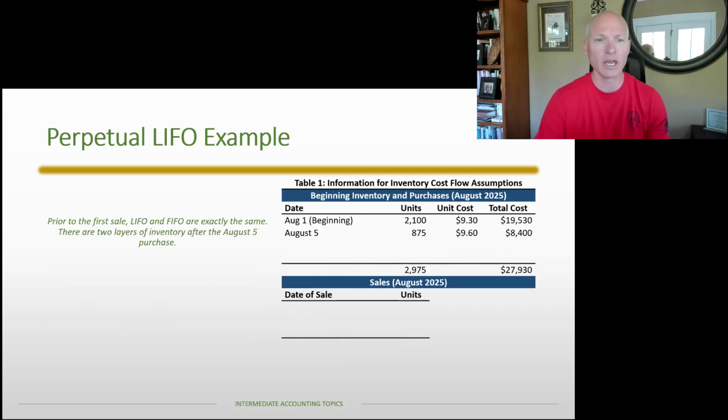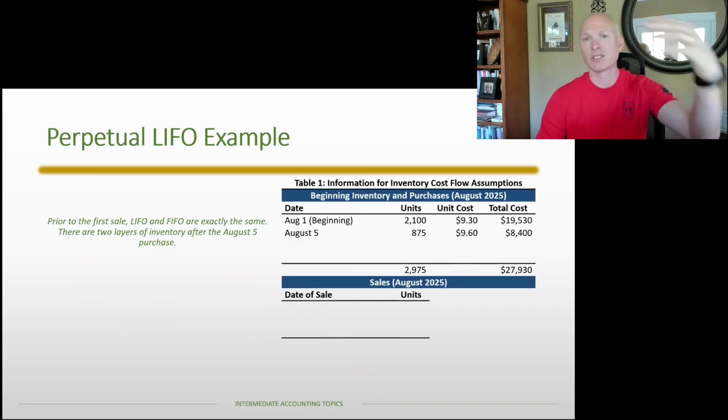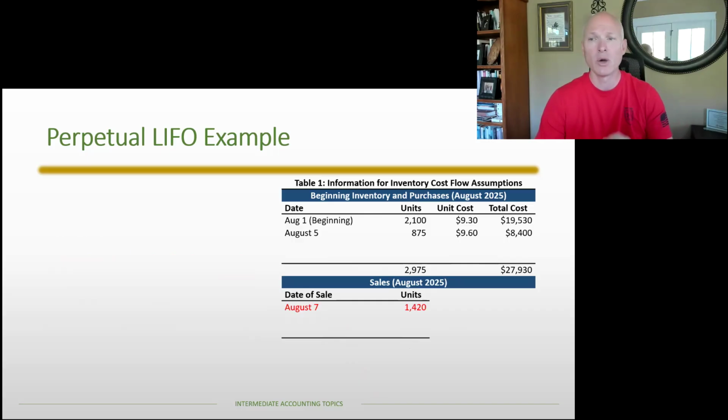All right. So when we come to that first transaction, we start with our August 1st layer, and we buy some more inventory on August 5th. Nothing has changed at this point, whether it was FIFO or LIFO. But as soon as we have that first sale, that's where things change. We're trying to figure out what to include in cost of goods sold, because I need to record that transaction as part of this sale.